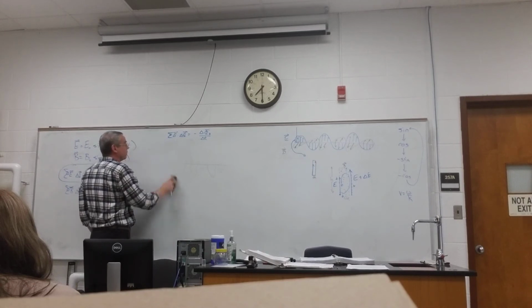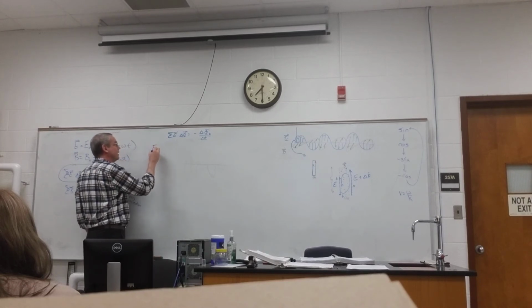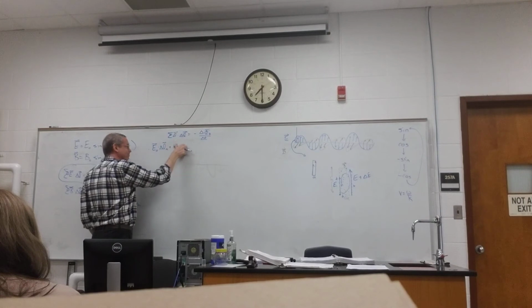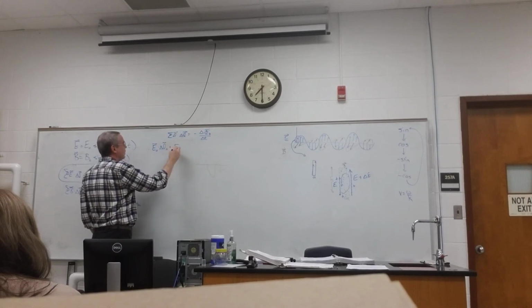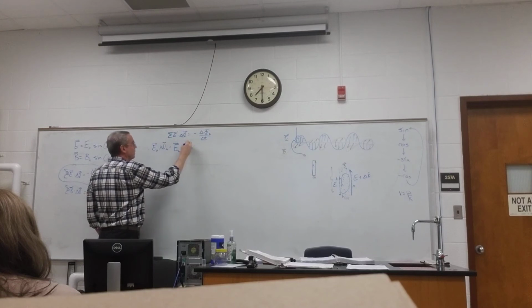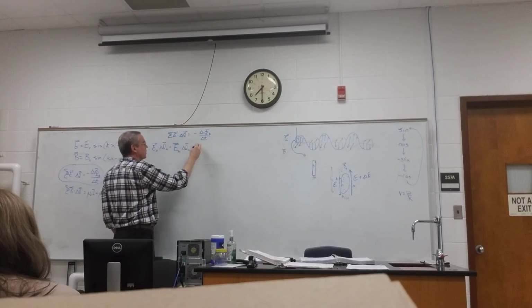I'll have to break it up into four parts here. So this is E along path A dot delta L along path A, plus E along path B dot delta L along path B, plus, hopefully you can see a pattern here.